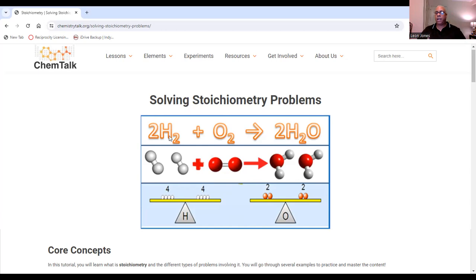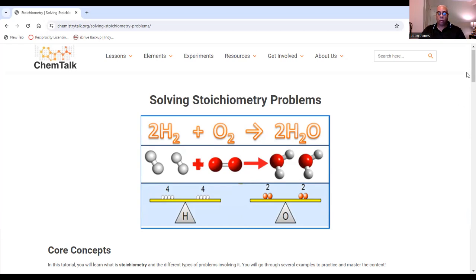Now, if I want to find out the actual weight of H2, I'm going to take the subscript 2 and multiply it by 1.008 and get 2.016 grams per mole.